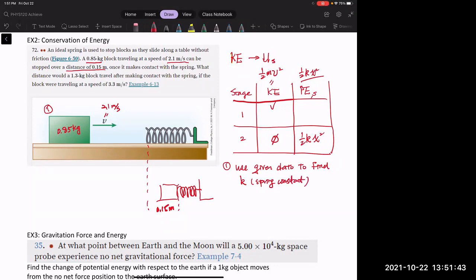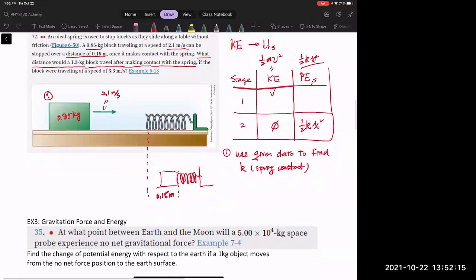This K here represents the spring constant. So you use these to find the spring constant first. After that, they ask you what distance will the 1.3 kilogram block travel after making contact with the spring. So that is how you can solve this problem.